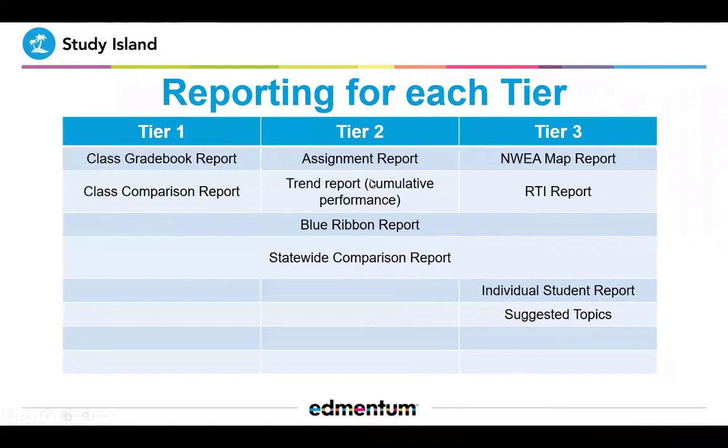Tier 2, since you're using tailored assignments, I recommend the assignment report. The trend report has a cumulative performance format that I recommend, because it lays out really nice for you cumulative performance across time. We also have the Blue Ribbon Report and the Statewide Comparison Report.